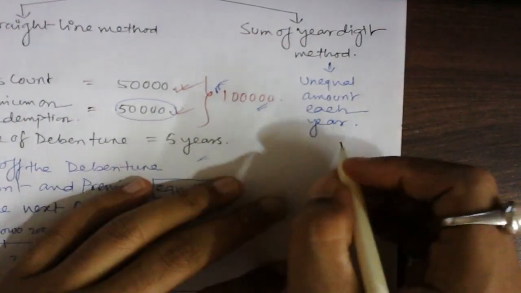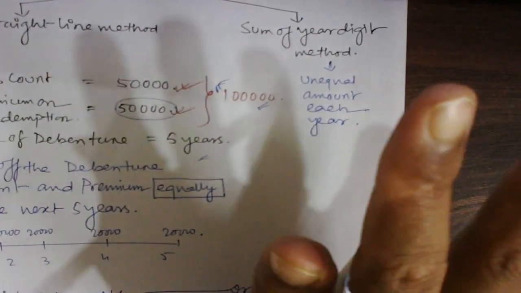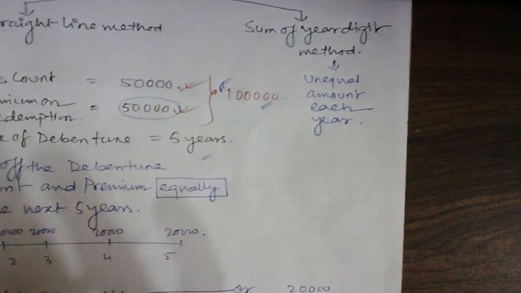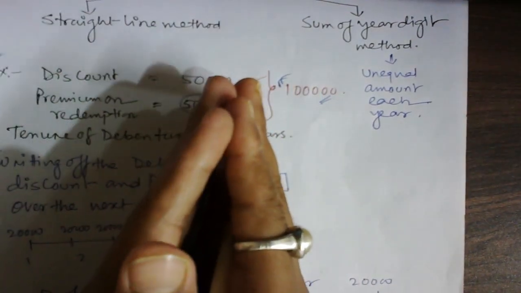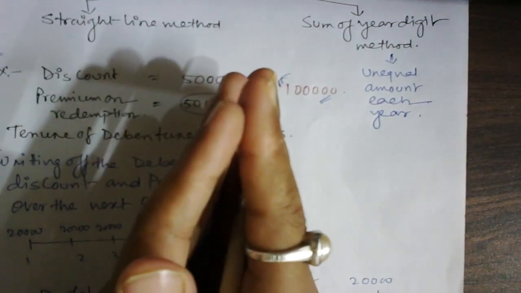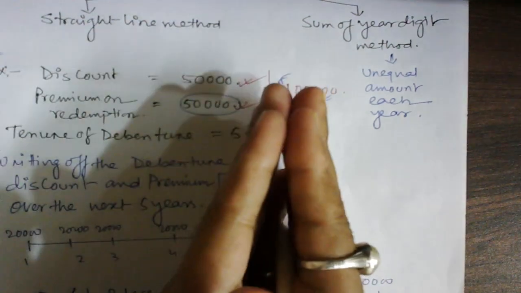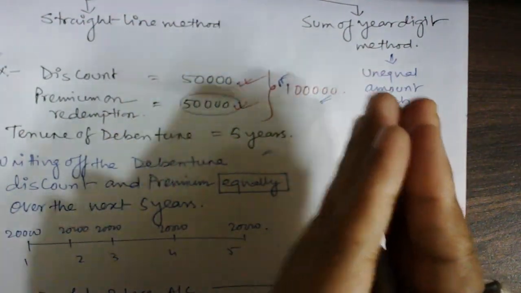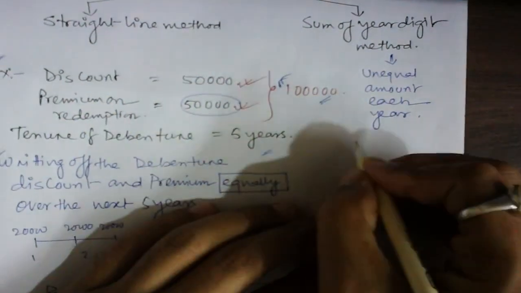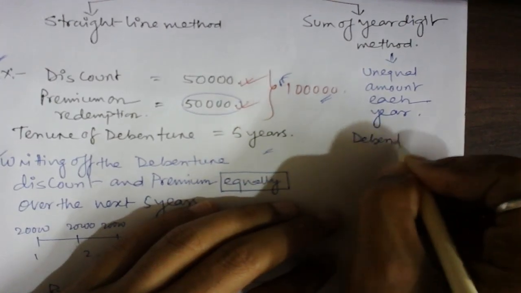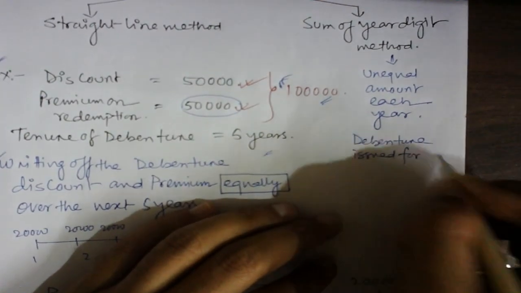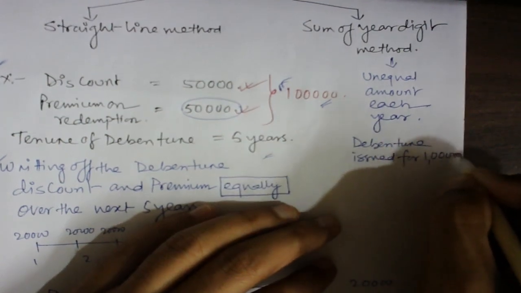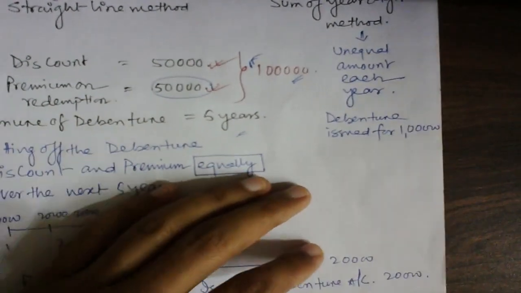It means, let's say, suppose एक example मैं आपको देता हूँ. Let's say, suppose in the first year, debenture issued for 1 lakh rupees. Okay, and now it will be paid each and every year.